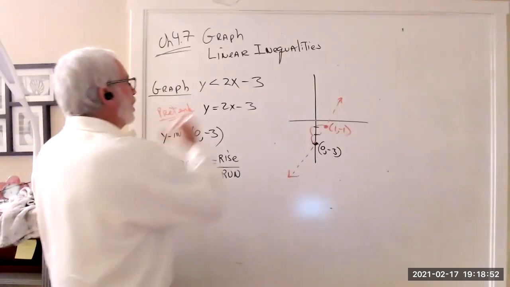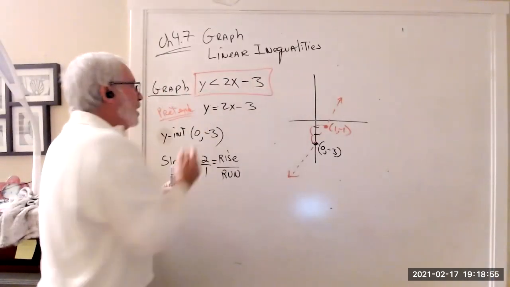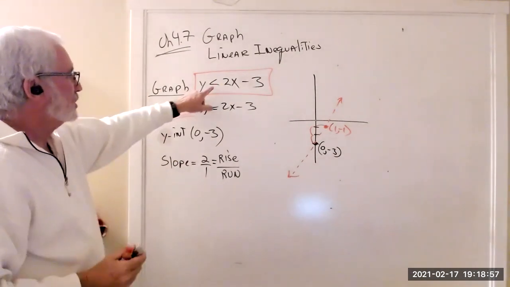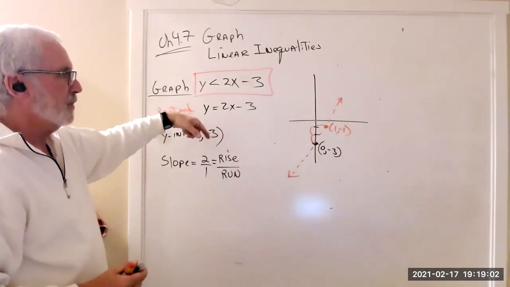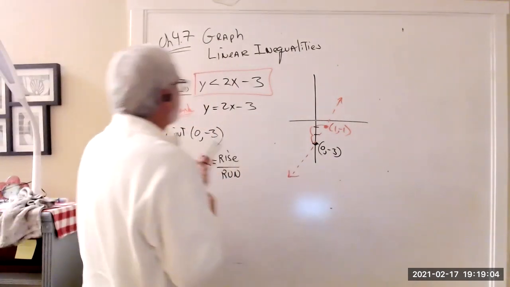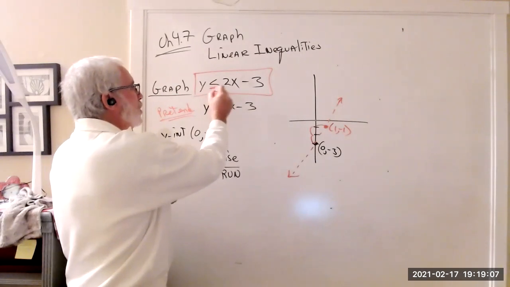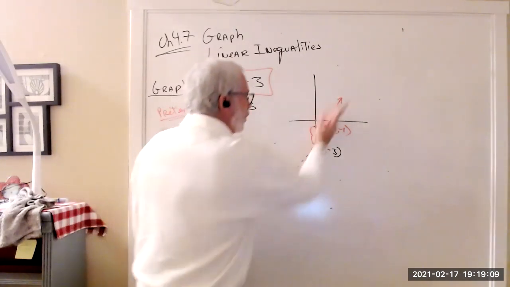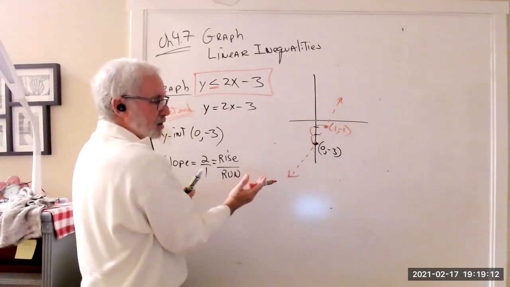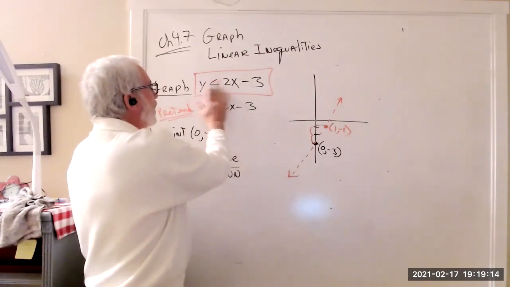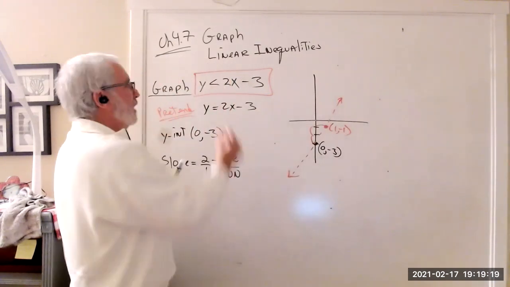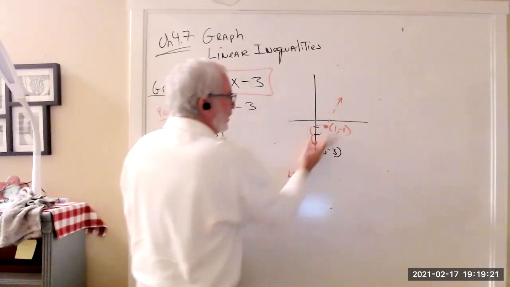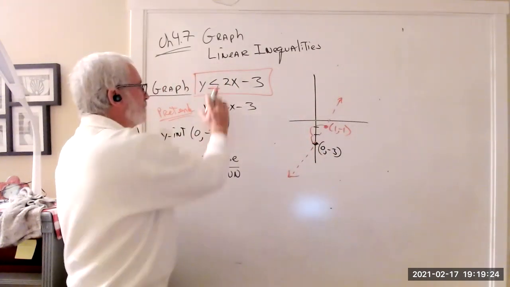Because in the original problem, it said y is less than the line, but not equal to it. If this had been less than or equal to, then we would draw a solid line. Since it's less than, it's a dashed line. If it was less than or equal, it would have been a solid line. That's the first thing.